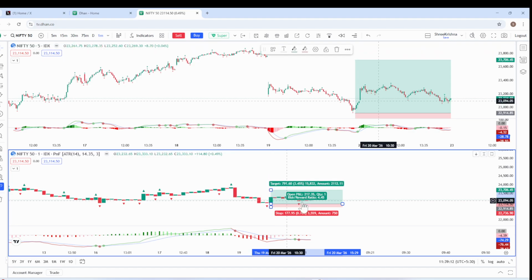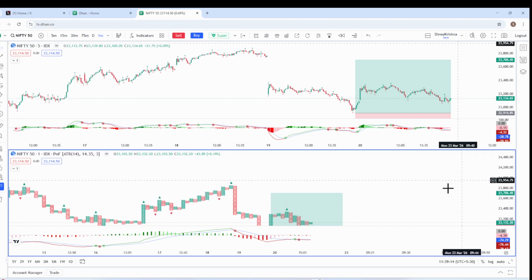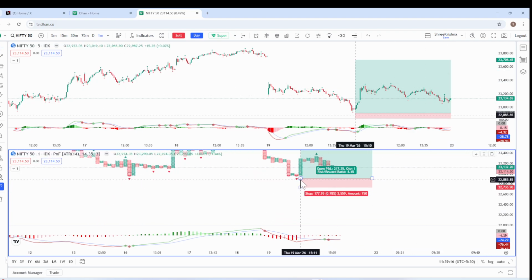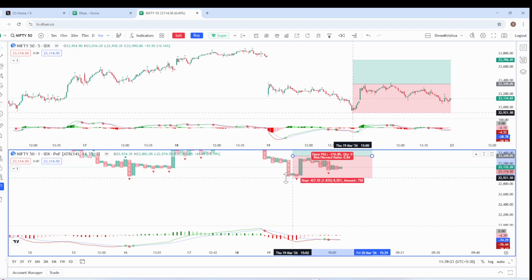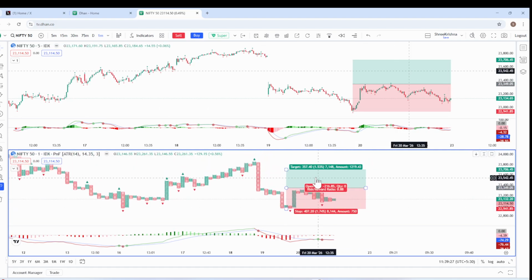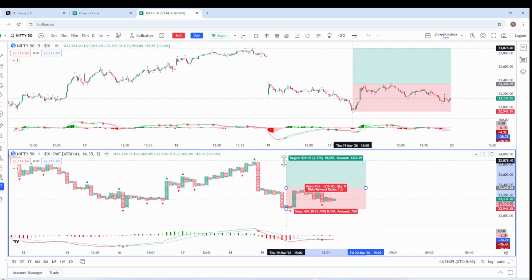1:2 we are looking, and how much is your stop? 407 is your stop, and your take profit should be 1:2.